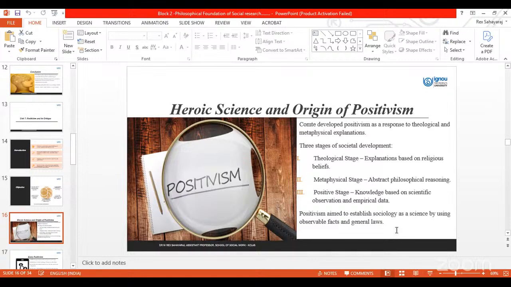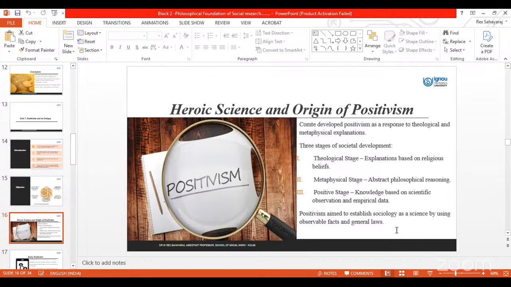If you commit sin, if you do bad things to your neighbor, then you will not enjoy your life, or you will die soon. That is philosophical reasoning. There is no abstract observation, there is no empirical data showing he died at 45 because he had done some sin towards his neighbor.